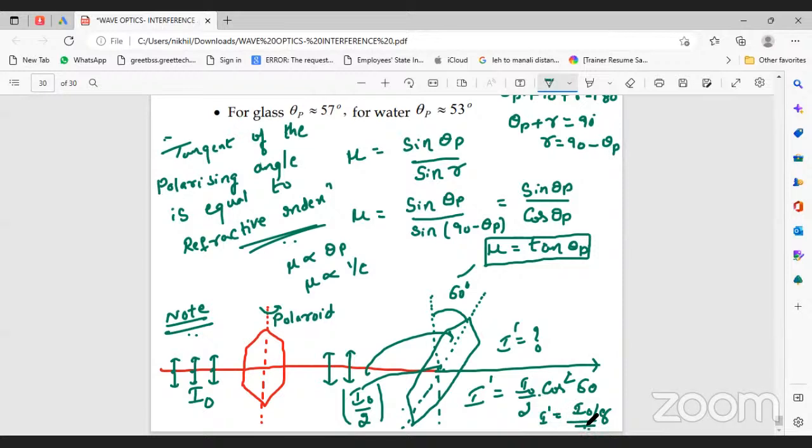So this type of problems from Malus law may come for competitive exams.